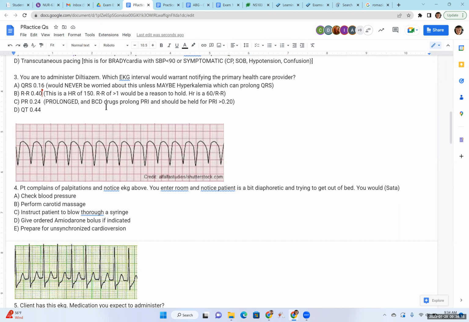Okay, QT. Why am I concerned about QTs? Only concerned about this with what antiarrhythmic? Amiodarone, antipsychotics, right? Antiemetics, antibiotics, right? That's what I'm concerned about.